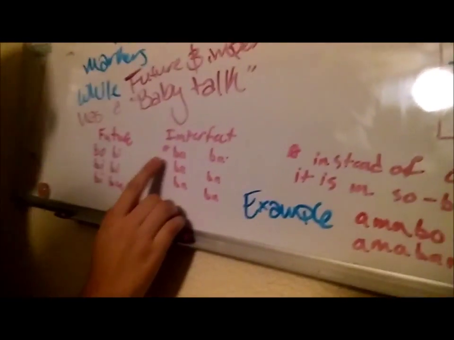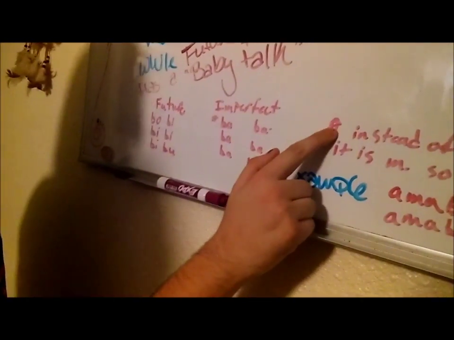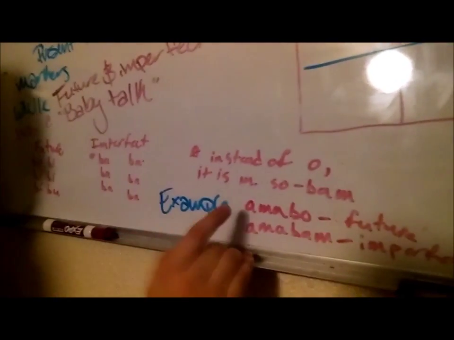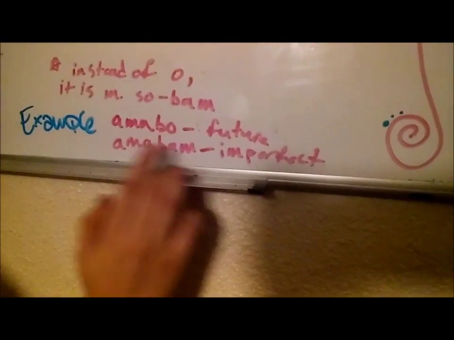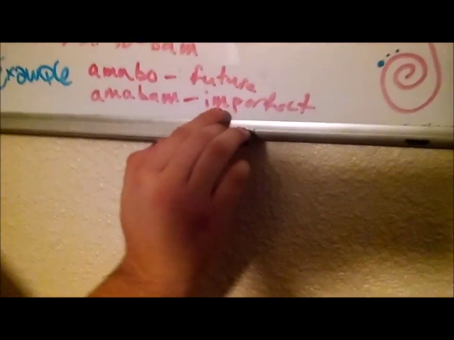In the imperfect, it's just ba all the way through. But as you can see, there's a little note: when you're using the imperfect, instead of putting an O at the end as you normally would with a personal ending, it is an M. So our examples are amabo, future, I will love, and amabam, imperfect, I used to love.